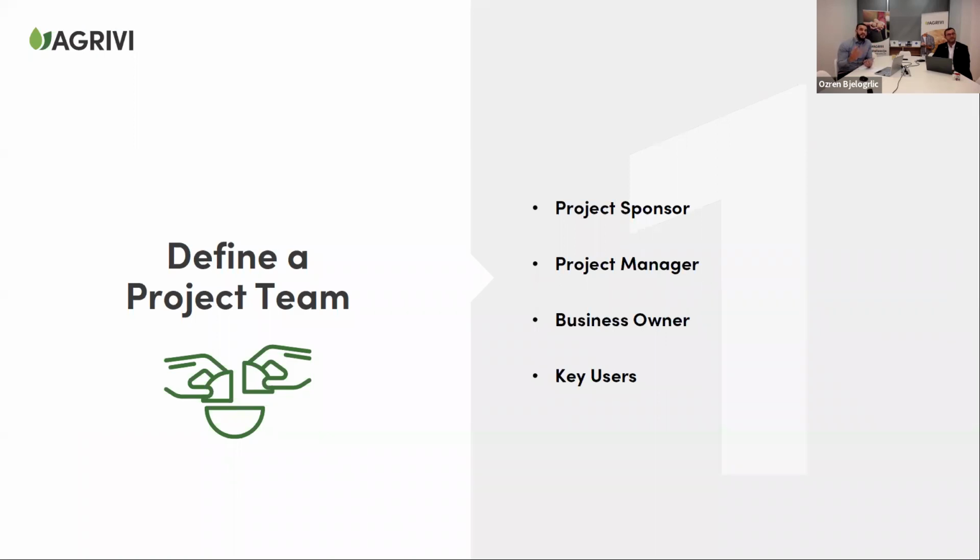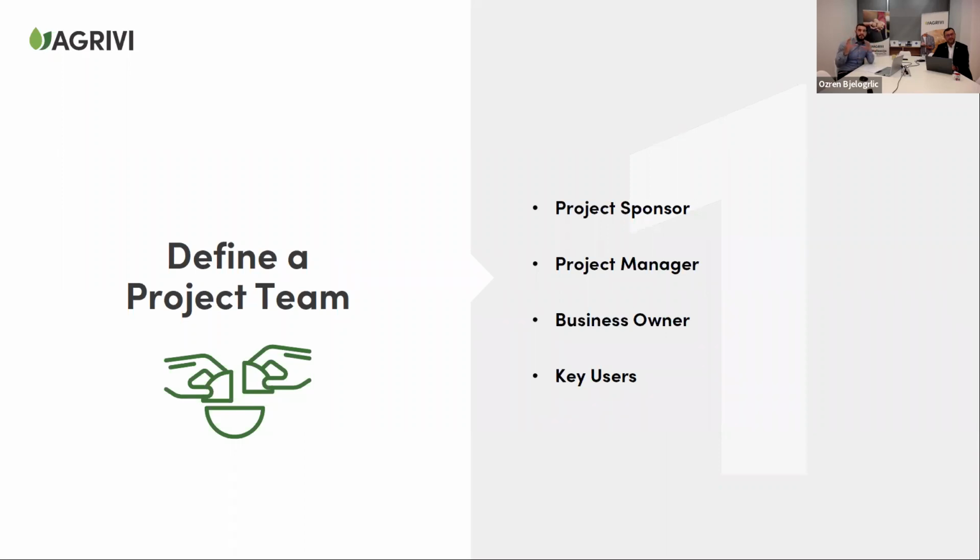Now, the project sponsor, based on our experience, is usually somebody from the C-level or at least a senior level within your company, right? It can also be a group. That type of person or group is the one sponsoring, managing, approving the budget, and in the end approving the specific needs as well as the purchase of that specific software.